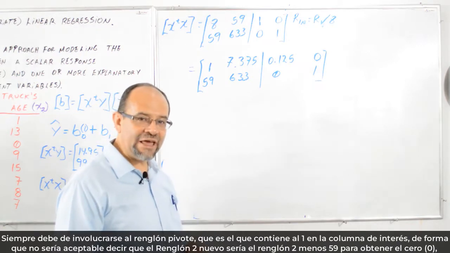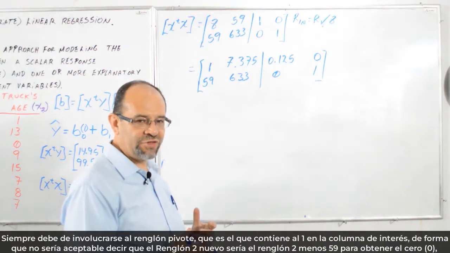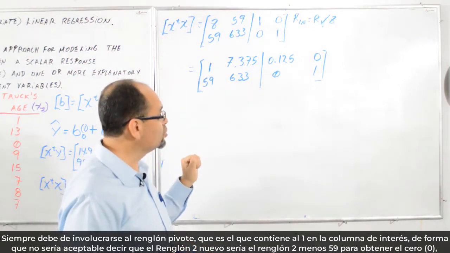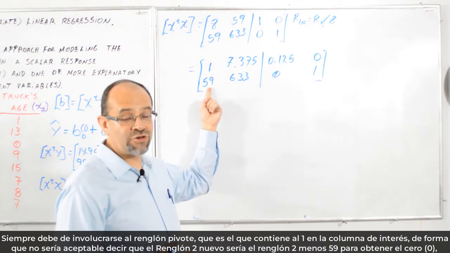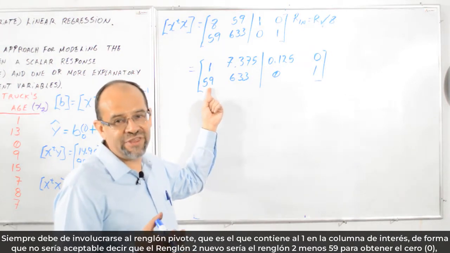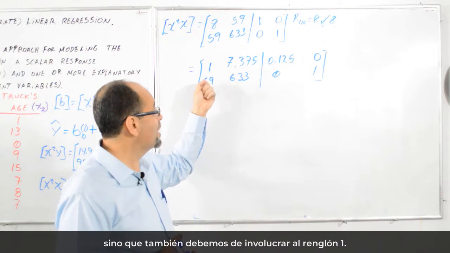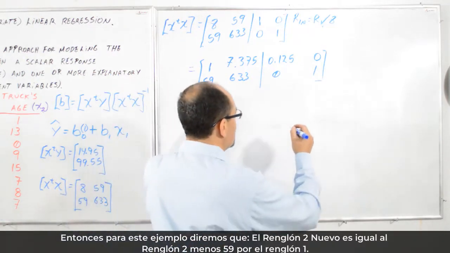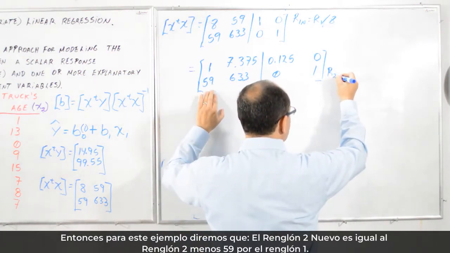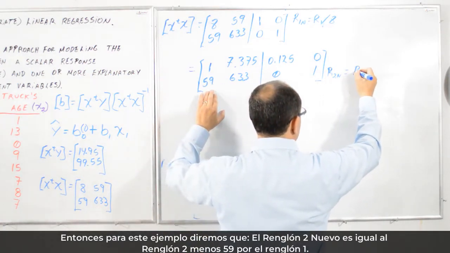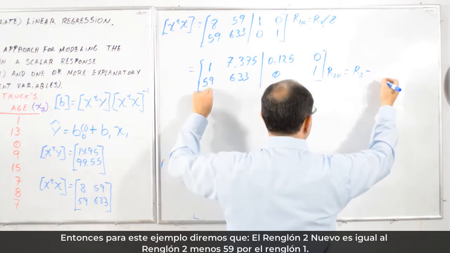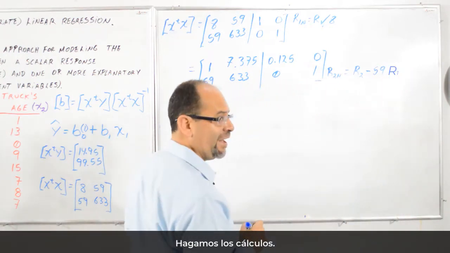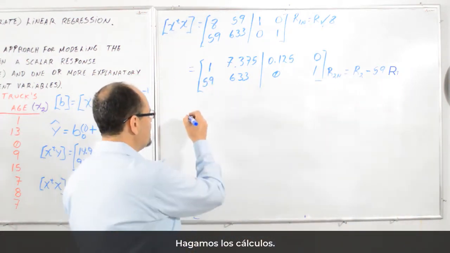We always should take as part of the calculations the pivot value, which is this 1. So it's not valid to say that row 2 minus 59, and with that one we will obtain 0. But we have to make a reference to row number 1 as well. So for this example, it will be row 2 new is equal to row 2 minus 59 row 1. Okay? Well, let's proceed.